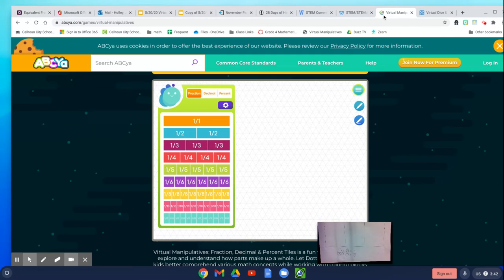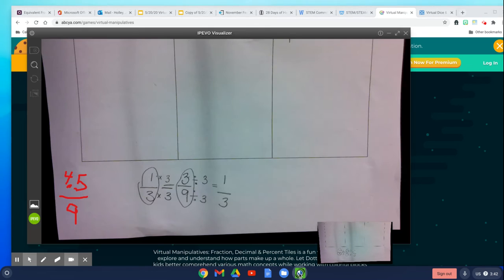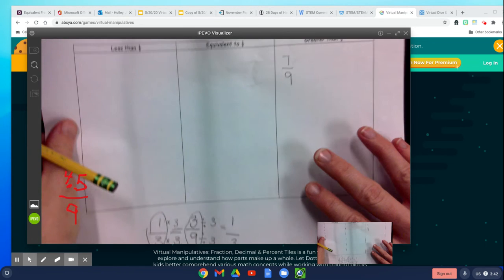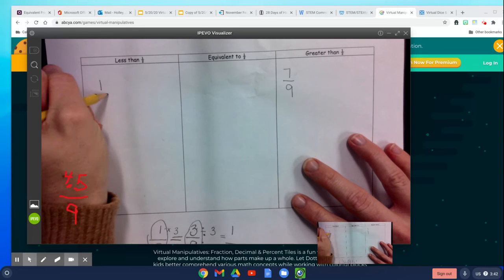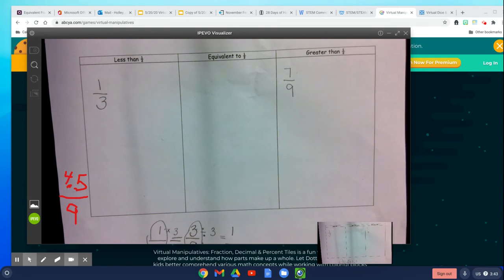So if I were to go to my virtual manipulatives that I linked, I have a third and I have a half. So as you can see, 1/2 is greater than 1/3. So that means that 1/3 is what, y'all? Less than. Okay. So let's move on.